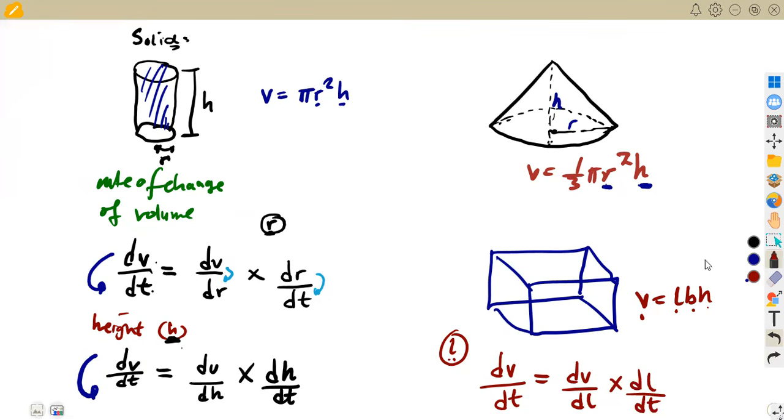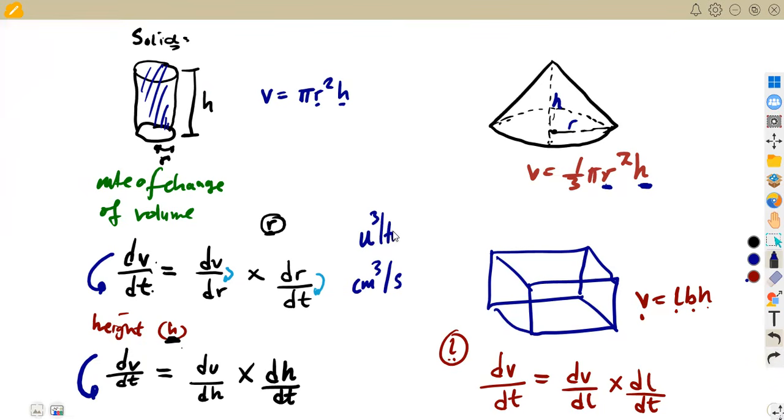And also the units that you are going to have: since this is the change of volume with respect to time, if you are given your units in centimeters, it is going to be cubic centimeters per second. If they are just units, then you have cubic units per second, or per given time.